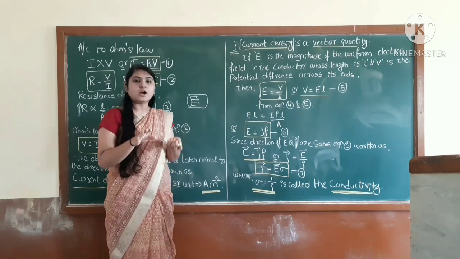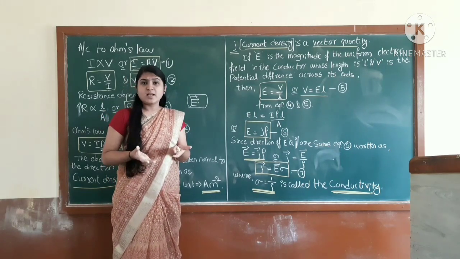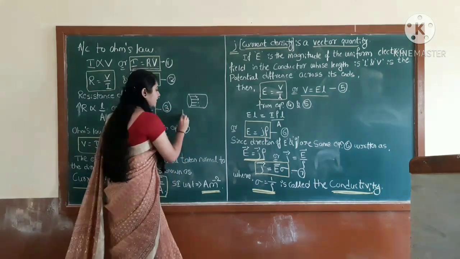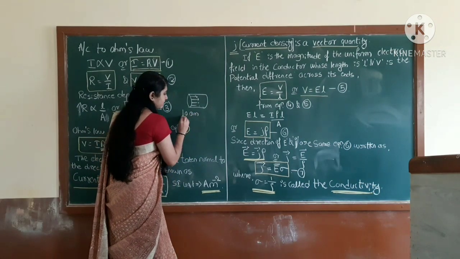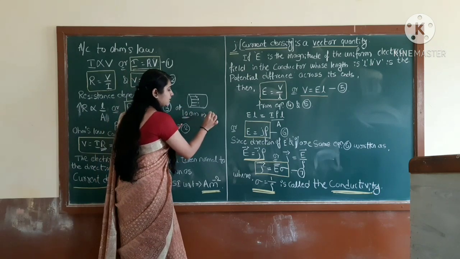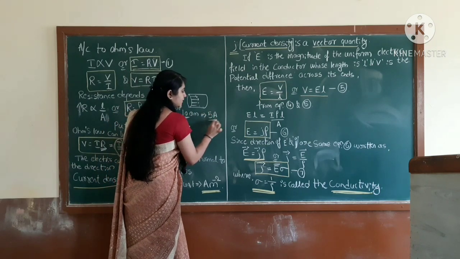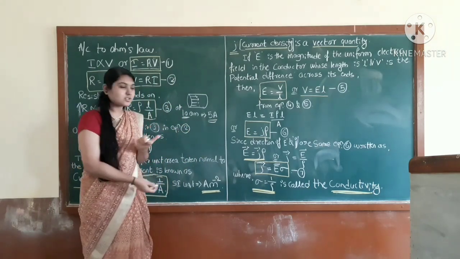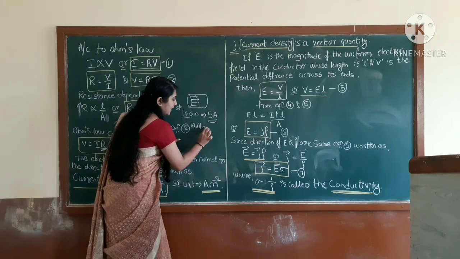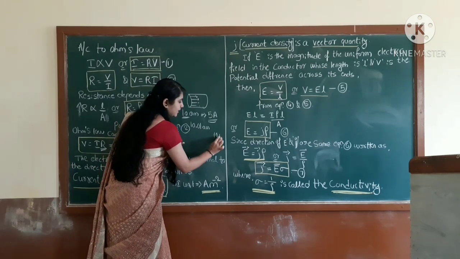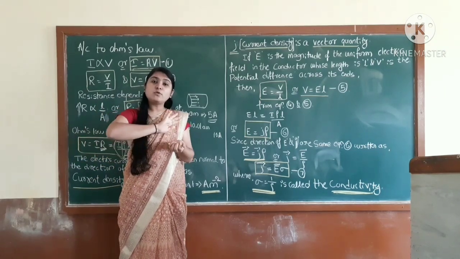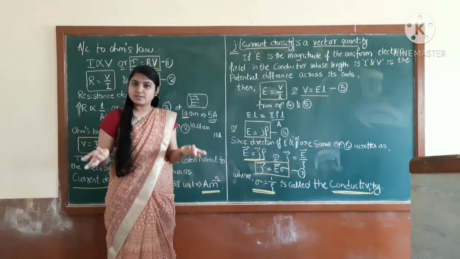Just assume at 10 a.m. there is 5 ampere of charge moving, correct? So at 10.01 a.m. 10 ampere of charge is moving. So at each time the amount of charge moving will be different, correct?